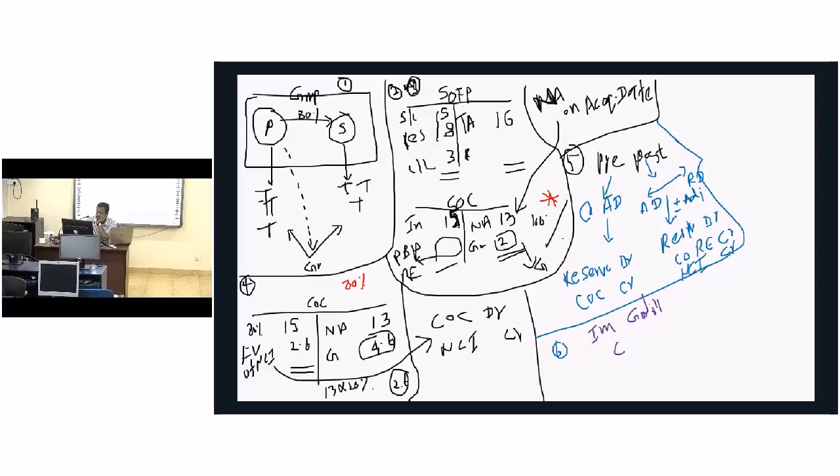Consolidated retained earnings debit, NCI account debit for the NCI portion, and credit to where? Credit to group goodwill, because goodwill value goes down.